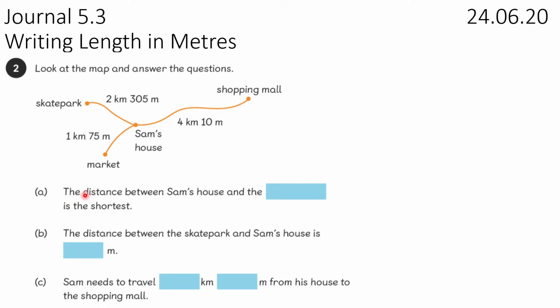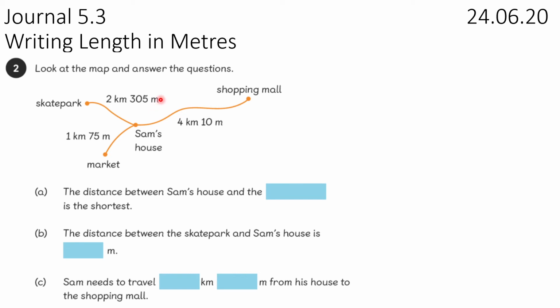So the distance between Sam's house and the [blank] is the shortest. Let's see, Sam's house and the market is 1 kilometre and 75 metres. The distance between Sam's house and the skate park is 2 kilometres and 305 metres.